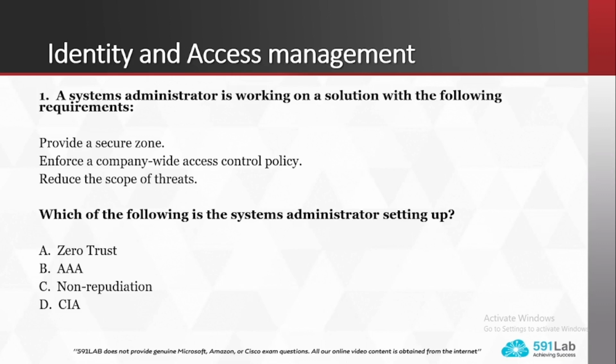A, zero trust. B, AAA, or what we call authentication, authorization, and accounting. C, non-repudiation. D, CIA, which is confidentiality, integrity, and availability. Given the list of requirements, the system administrator is most likely setting up a zero trust environment.